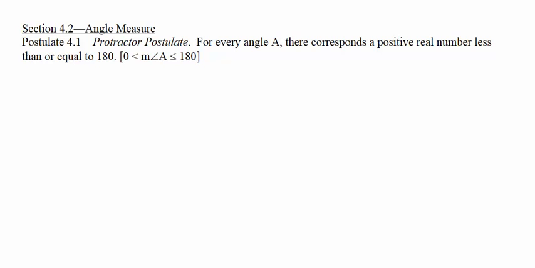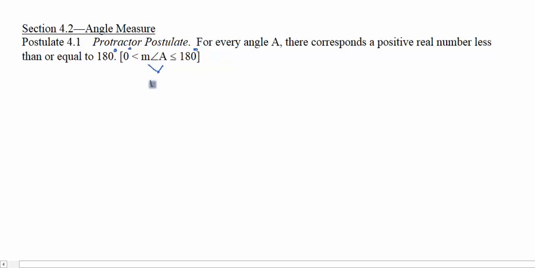The protractor postulate says for every angle A, there corresponds a positive real number less than or equal to 180, and that should say 180 degrees. We show degrees with a little circle. So we can say that the measure of angle A is between 0 and 180 degrees.